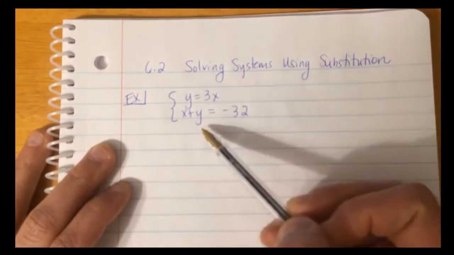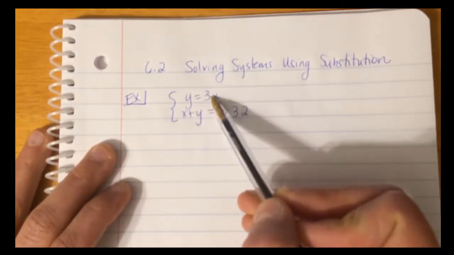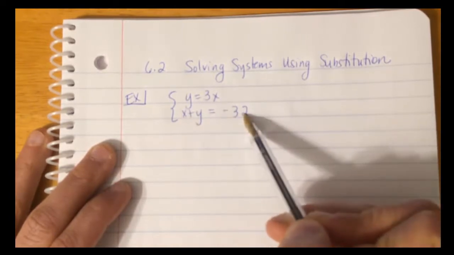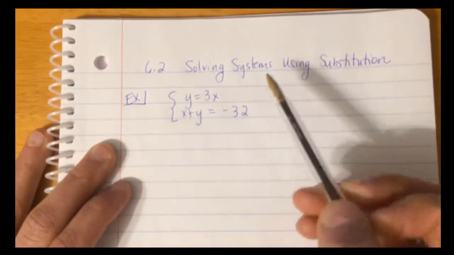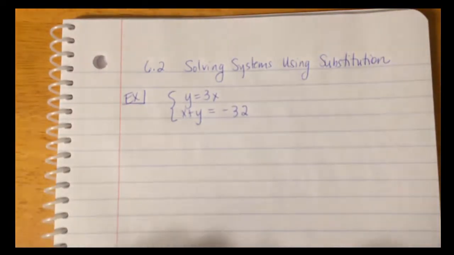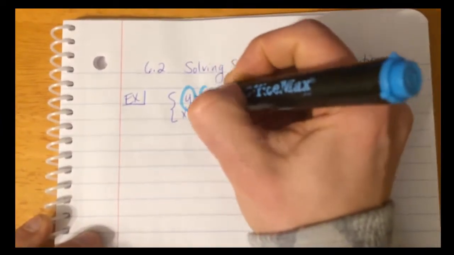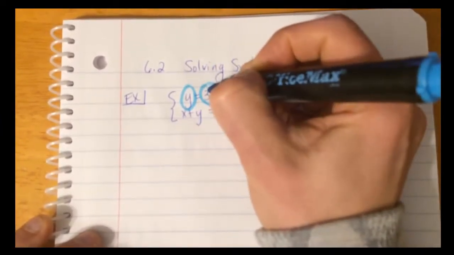Okay, here I've got two equations. I see here that y is equal to 3x, and then I've got x plus y equals negative 32. So when you do substitution, notice that this is basically telling me that y is the same as 3x. So wherever I see y, I could put a 3x.